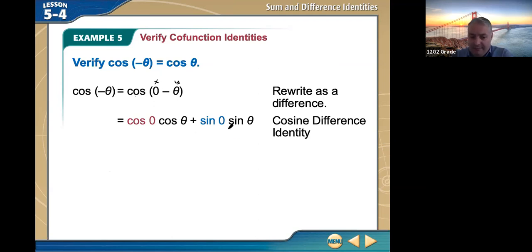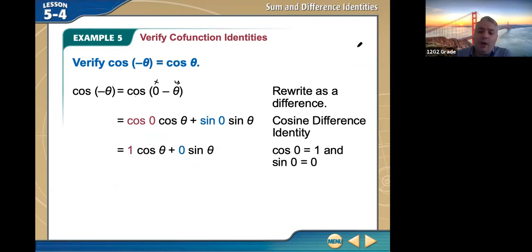Then cosine of 0 is 1. Directly draw the unit circle if you don't remember. Angle 0 is here, so the coordinate is 1 comma 0. Cosine is x, y is sine. So cosine of 0 is 1.